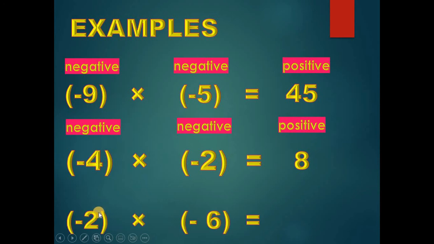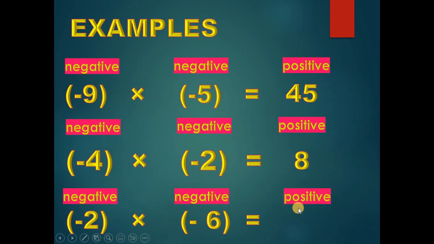Okay. And, we have here, negative 2 times negative 6. So, negative times negative, the answer is positive. Ayan. So, kung positive, syempre, multiply lang natin yung dalawang number. 2 times 6, we got 12. So, negative 2 times negative 6 is equivalent to positive 12. Ayan. Okay.